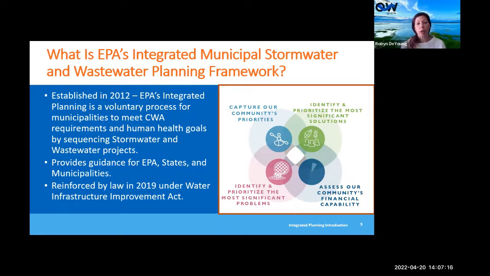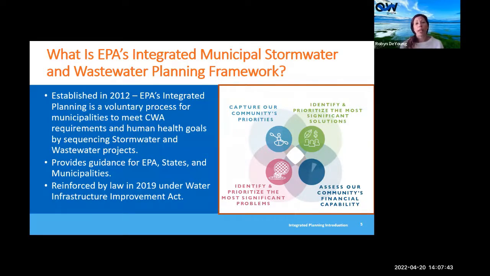It is a voluntary process that we established in 2012, primarily for municipalities to meet Clean Water Act requirements and human health goals. So we're staying away from the siloed approach, and we're moving towards an approach where you look holistically at both stormwater and wastewater and community priorities so that you can sequence and look at a long-term solution for your wet weather needs.